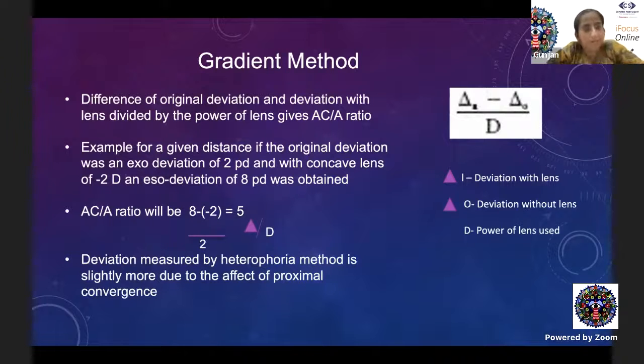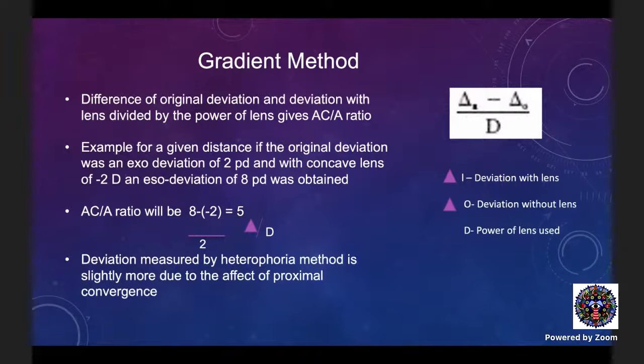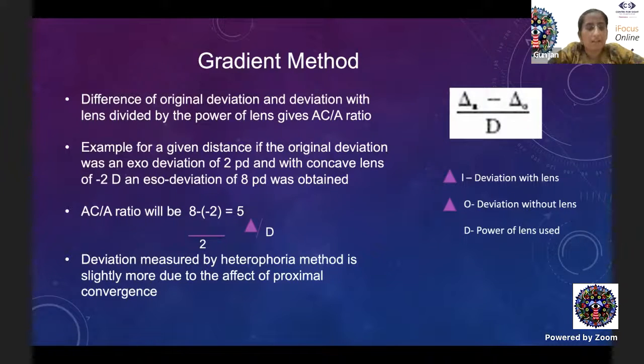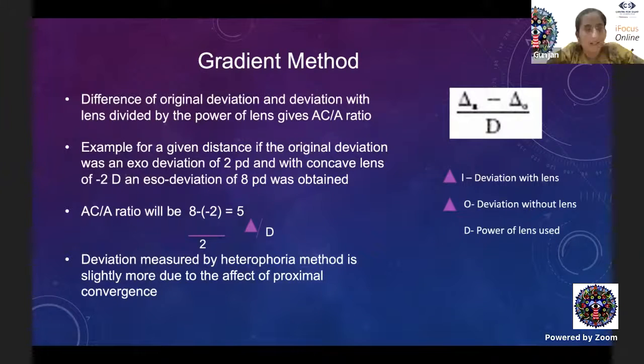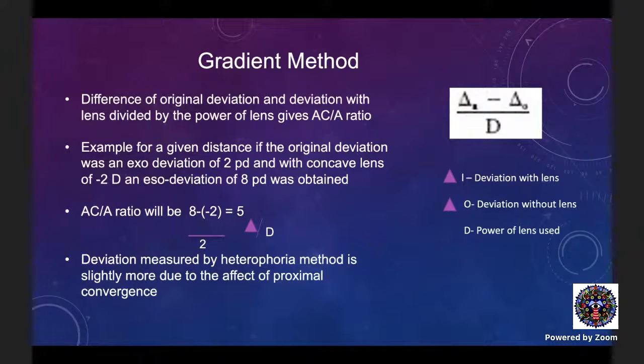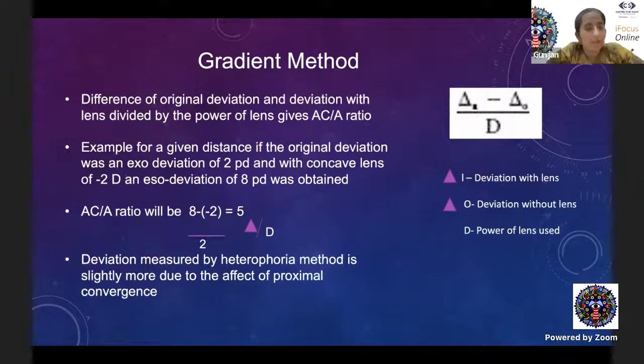For example, for a given distance, if the original deviation was an exo deviation of 2 prism diopters, and then you inserted a concave lens of -2, which gave you an eso deviation of 8 prism diopters, then the AC/A ratio obtained would be, again, because it's an exo deviation, the sign will be minus, so the value would be 5 prism diopters per diopter.